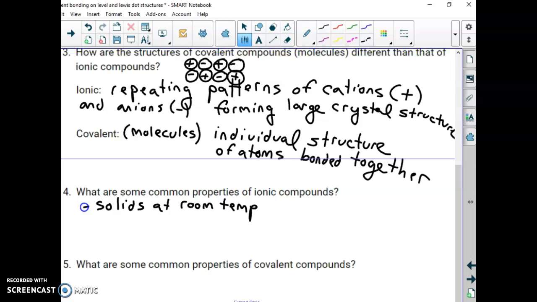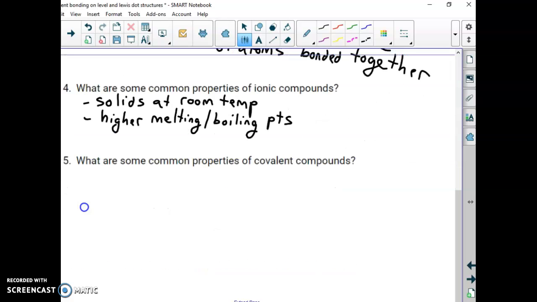Baking soda, sodium bicarbonate, same deal. It's a solid at room temperature. And as a result, they generally have higher melting and boiling points. You got to break apart all of those attractions locked into that structure. So higher melting and boiling points.